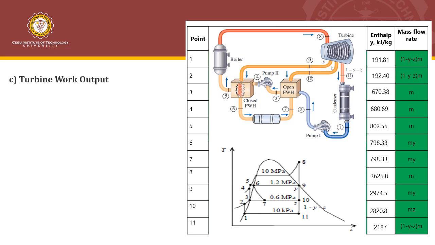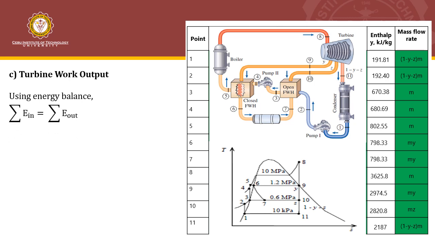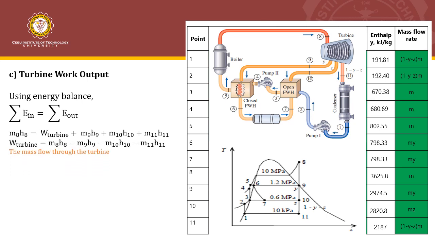So now that we have the pump work input, we can already solve the turbine work output also. Using an energy balance in the turbine, energy in is equal to energy out. Then substituting the value of the mass flow rate and rearranging for the work of the turbine, and noting the mass flow rate through the various points connected to the turbine. m8 is equal to m, m9 is equal to my, m10 is equal to mz, m11 is equal to m multiplied by (1 minus y minus z).